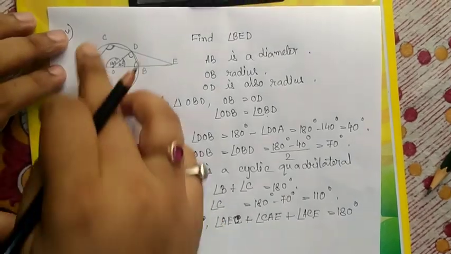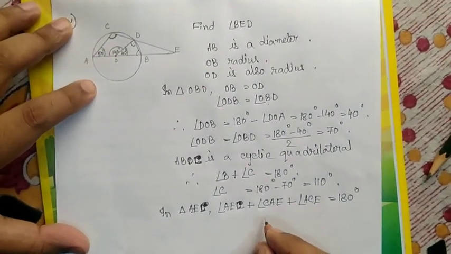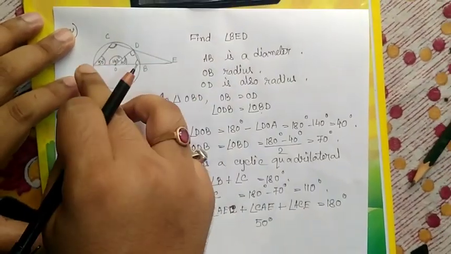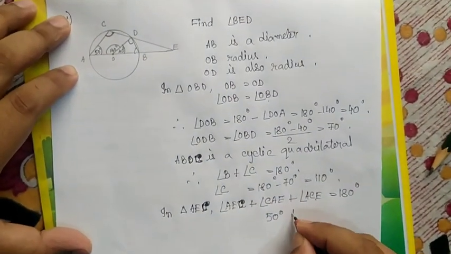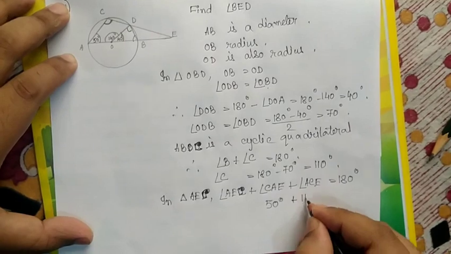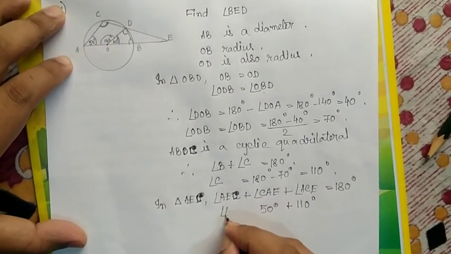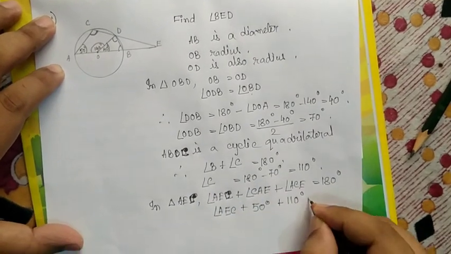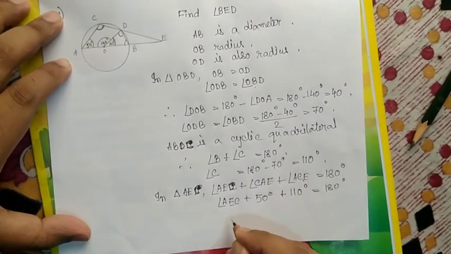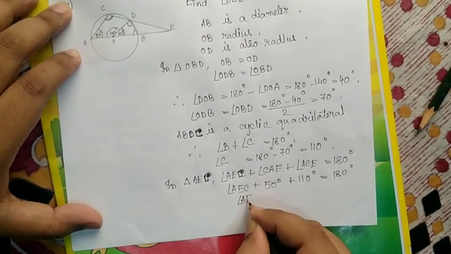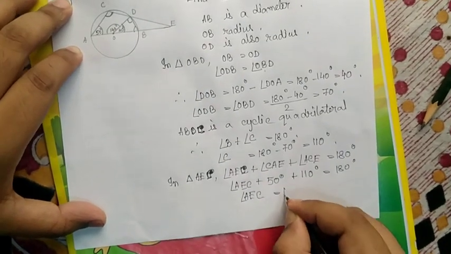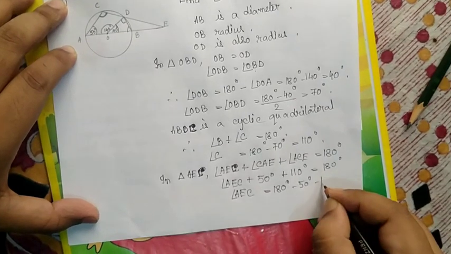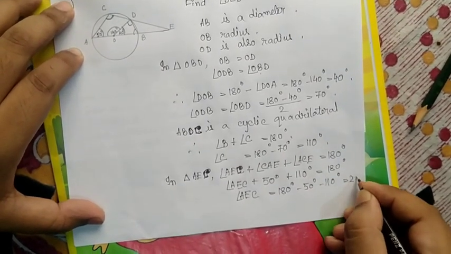Two angles are given. CAE is given as 50 degree and ACE is 110 degree. So therefore angle AEC equal to 180 degree minus 50 degree minus 110 degree equal to 20 degree.